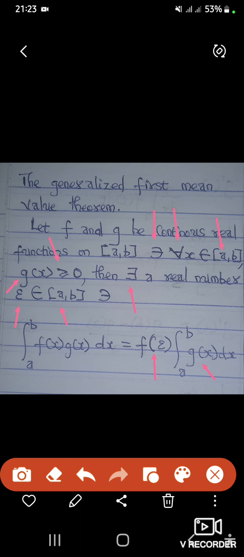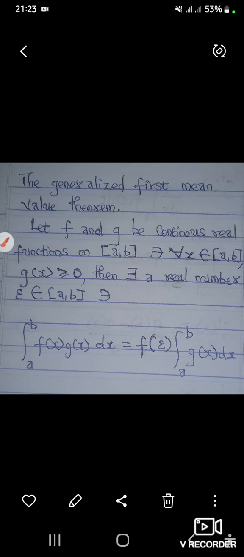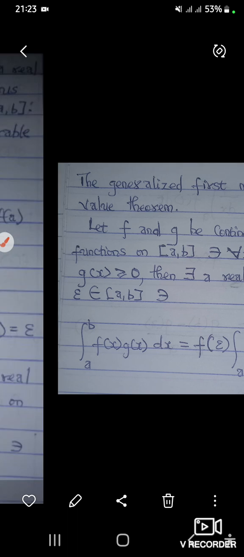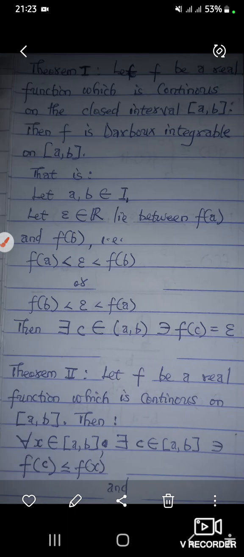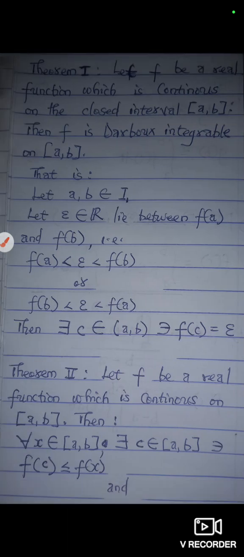Now we are going to prove this theorem. In order to prove it, we are going to invoke some other theorems which will be displayed in subsequent slides. Now let us consider other theorems like this one. I call it theorem 1.